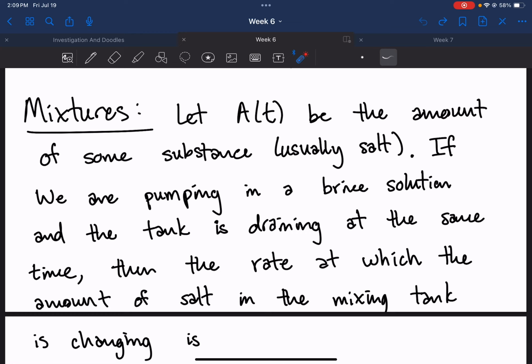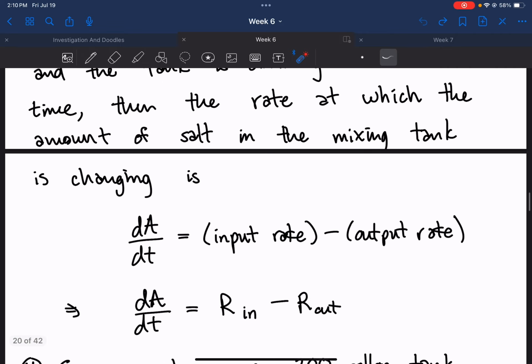So we're going to let A of t be some amount of salt, and then let's say we're pumping in salt water into a big tank, and at the same time it's draining out the bottom. Then the rate at which the amount of salt in the mixing tank is changing is given by dA/dt equals input minus output, right?